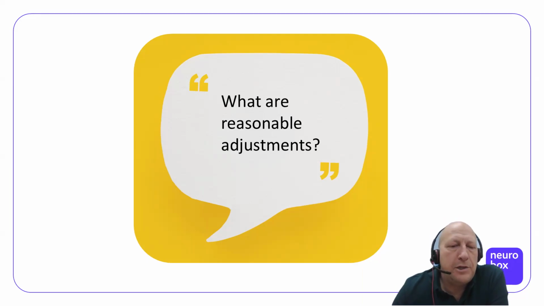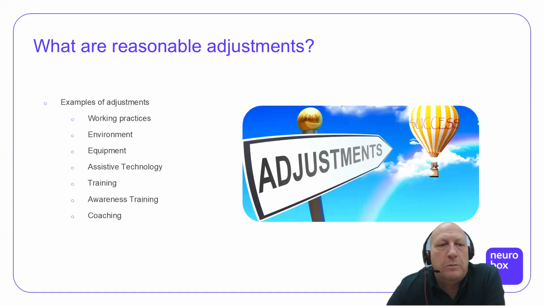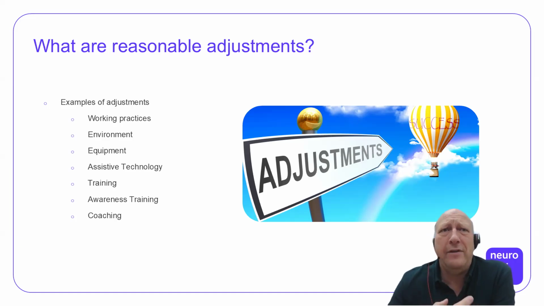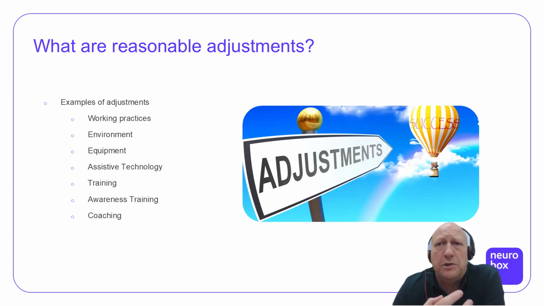So in terms of reasonable adjustments, let's take the adjustments part of that phrase first of all. So what adjustments should we be thinking about? As an employer, what adjustments should I be thinking about? Working practices, the way we do things. That's probably the biggest category of adjustments, if you like. Very often, having slight tweaks and adjustments to the way that we do things can make the biggest differences of all.